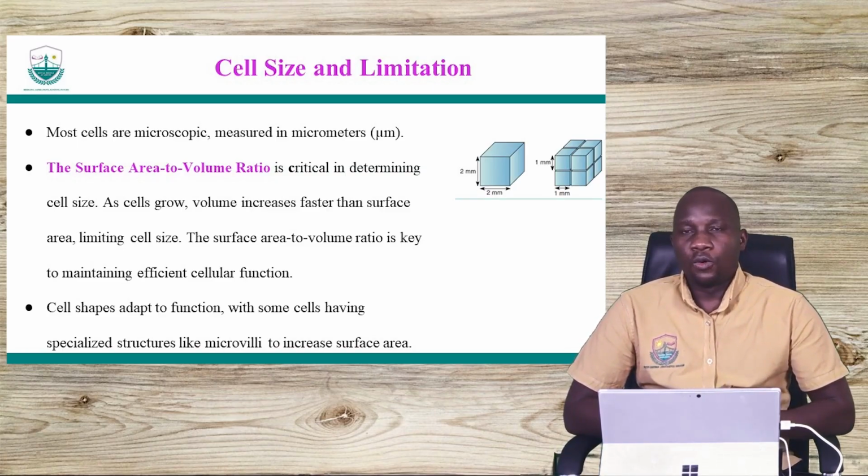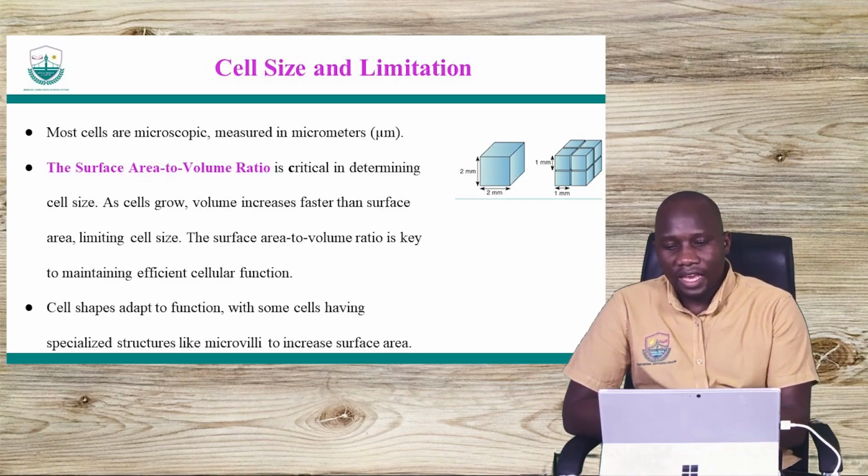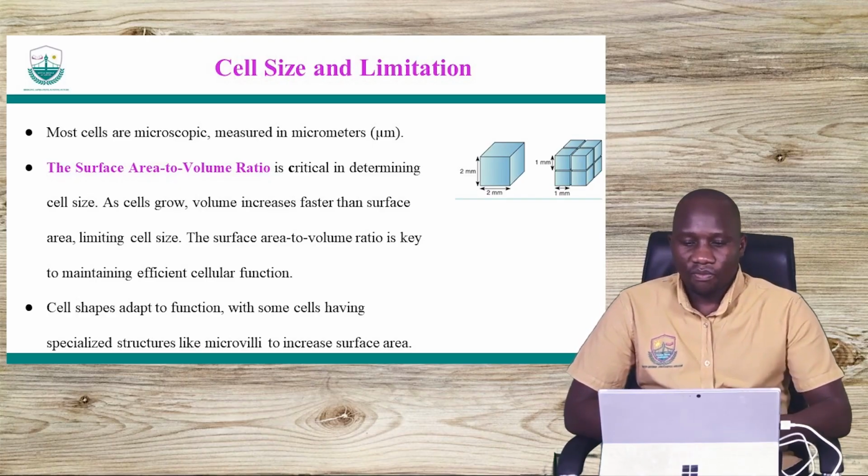When an organism or a cell has a low surface area to volume ratio, it becomes very hard for it to obtain nutrients, even gases, or even get rid of waste products. That is the challenge.